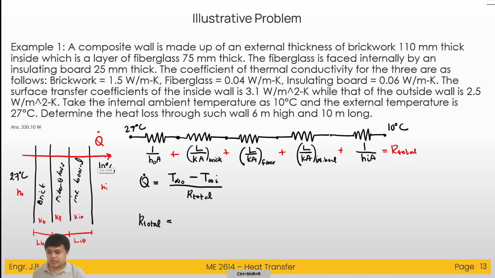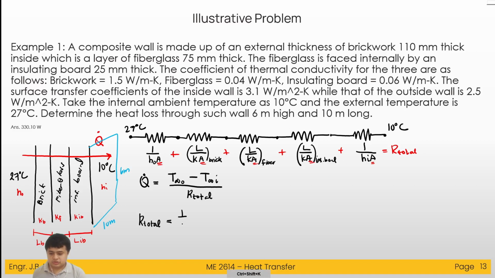The area here is 3 dimensional: 6 meters by 10 meters. Actually, you can factor out the area if you want, since all of these terms have the same area.